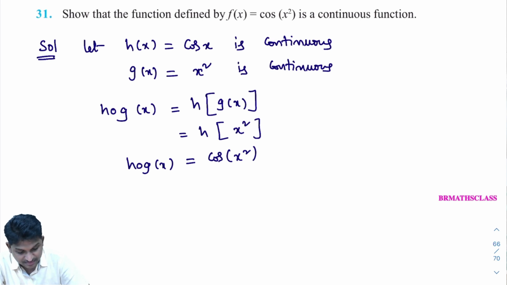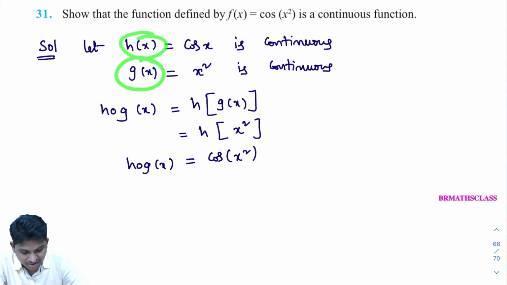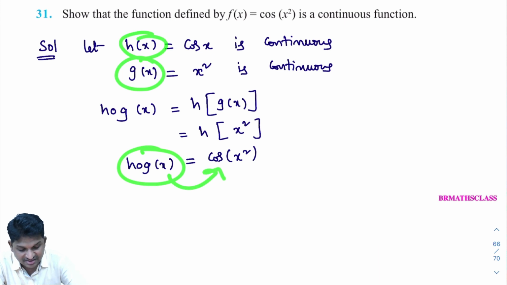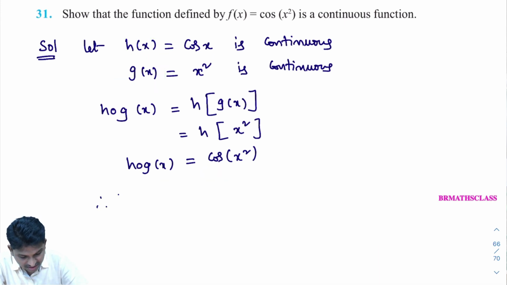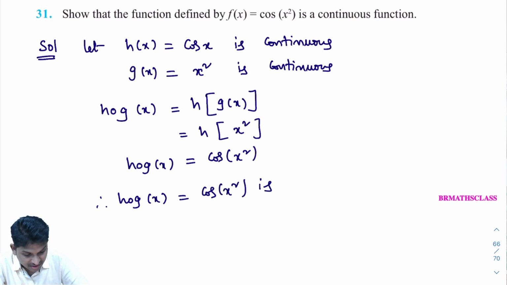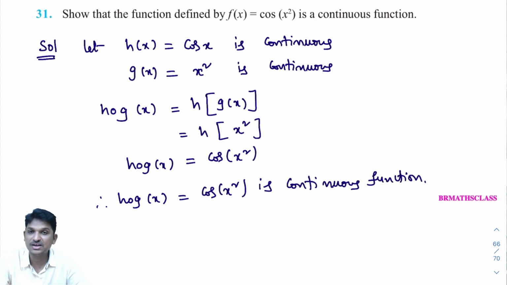That's why we are saying that h circle g of x, that is cos of x square, is continuous function. I hope you understand this.